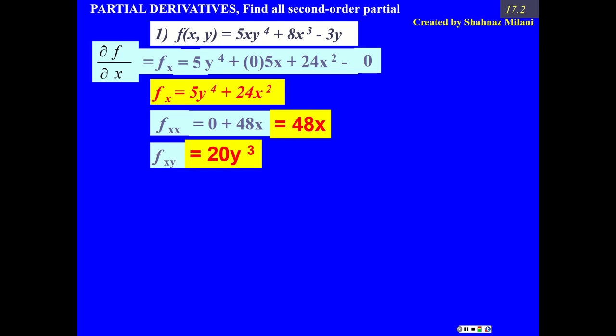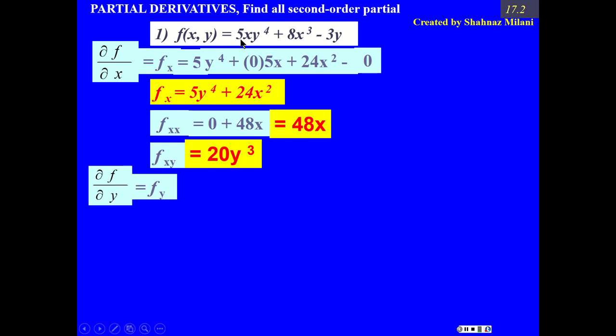Now, the next one. Get the derivative ∂f/∂y, or you can say f sub y. Now, I'm going to go to the original problem. I am getting the first derivative based on y.